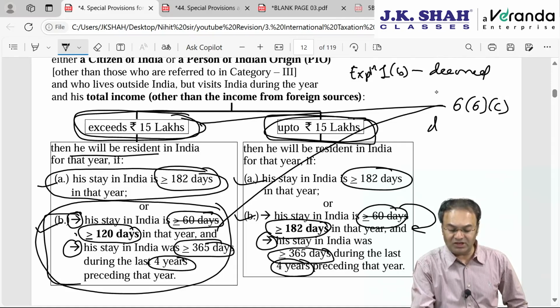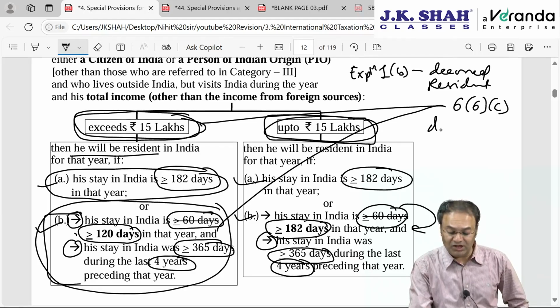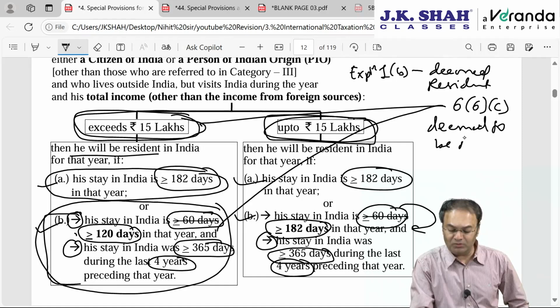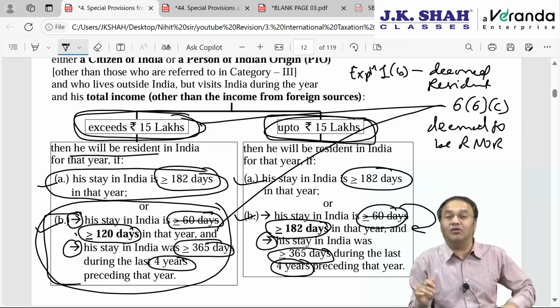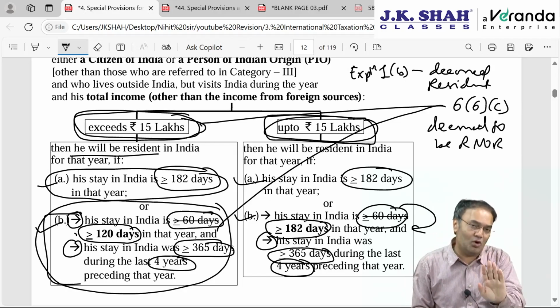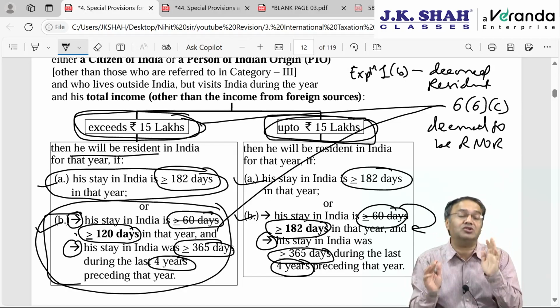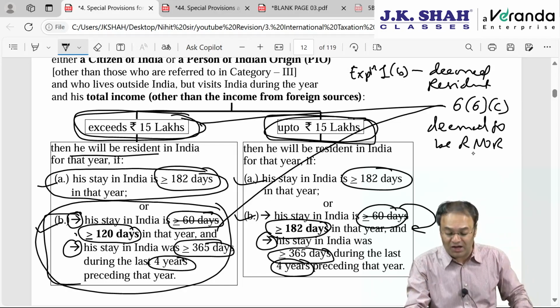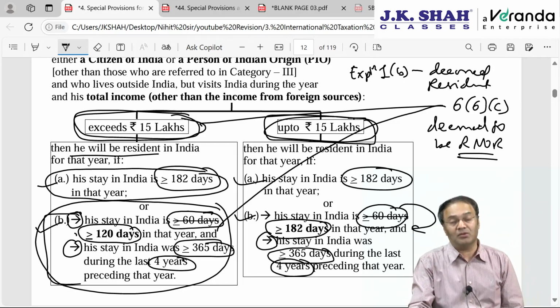We will call him a deemed resident. Such a deemed resident person, according to 6(6)(c), will be deemed to be RNOR, provided he is deemed to be, he will be deemed to be RNOR. In order to decide whether he is ROR or RNOR, we have 2 additional conditions, you know about it. Without checking those additional conditions, he will straight away be RNOR, provided what?